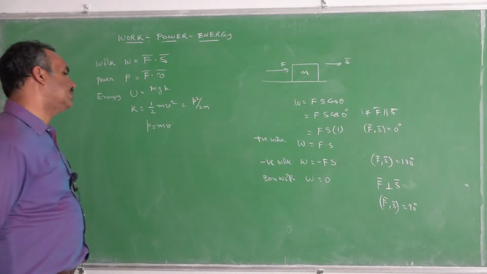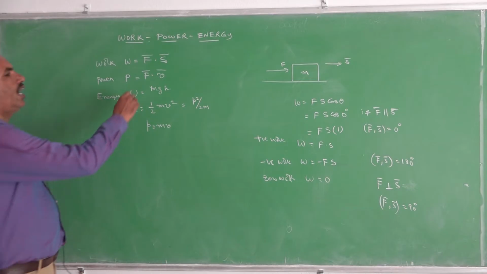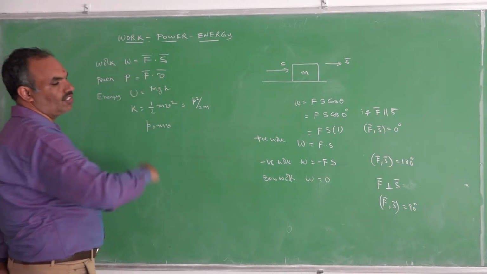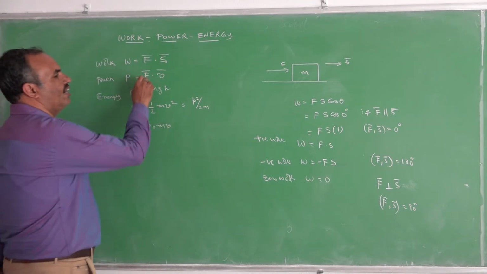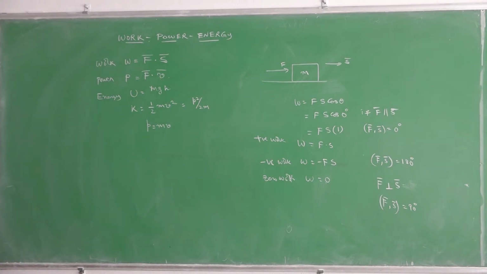So likewise, power also depends on the angle between force and velocity. It is Fv cos theta. Depending on theta value, we will define the sign of power.